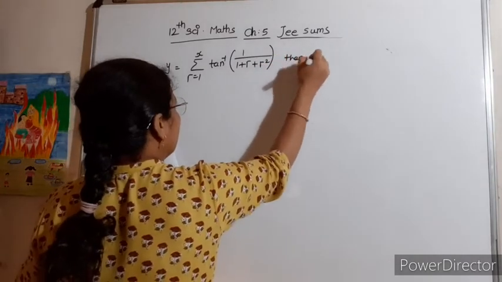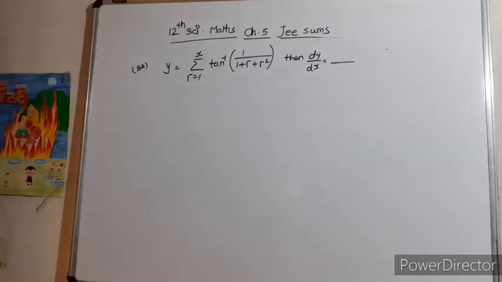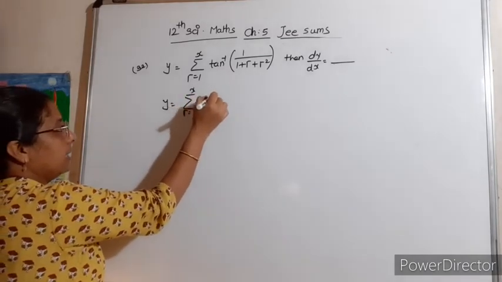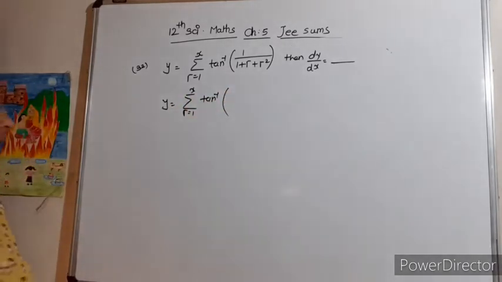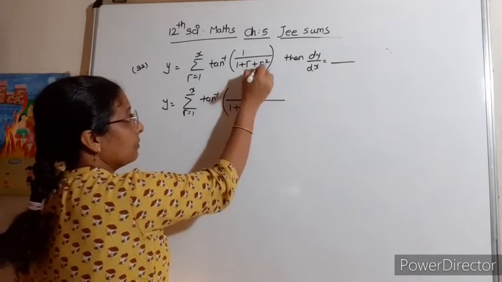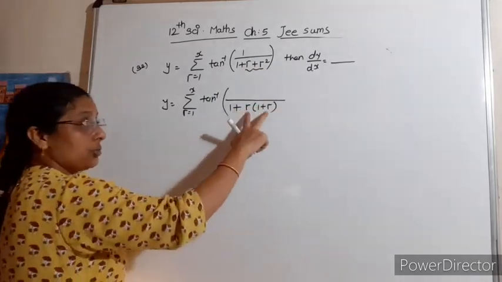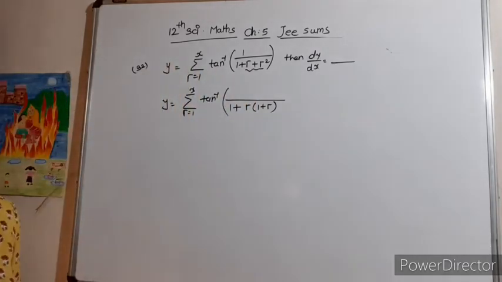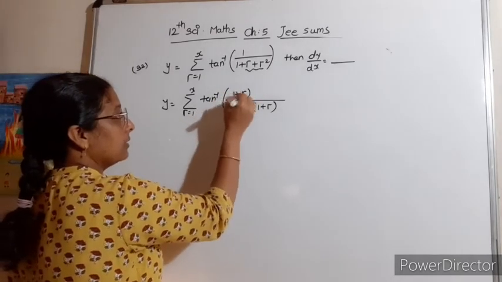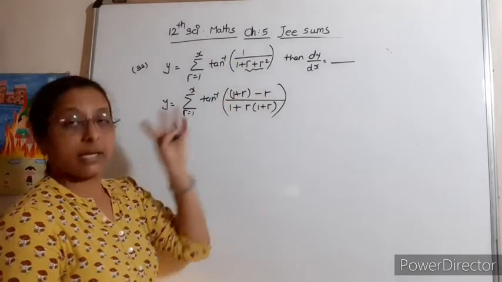Then dy by dx is equal to dash. Here we have to set the terms first of all. In tan inverse, before setting the numerator, we write the denominator: 1 plus r, common from these two, that is 1 plus r. Above, I have to set the tan inverse formula, so in the numerator I will take 1 plus r minus r. Why? Because 1 is there, so r cancels and 1 comes.